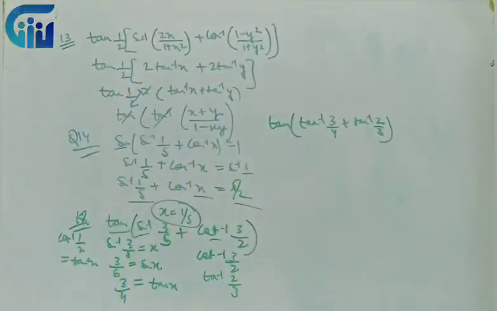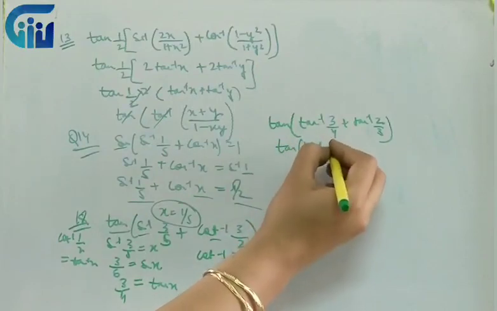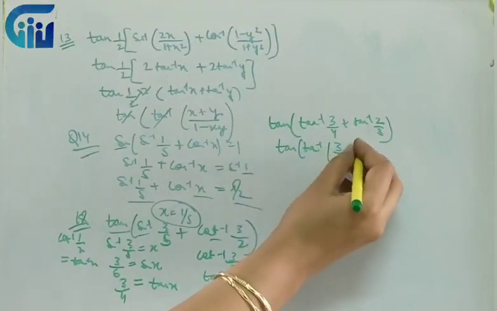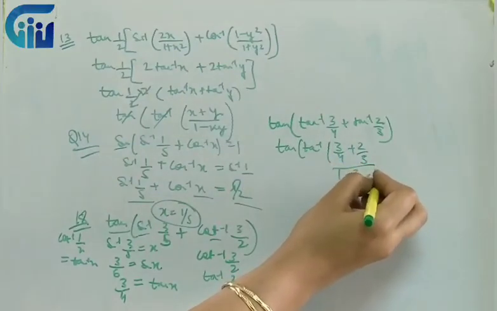Now let's quickly check first of all whether xy is less than 1 or not. If I multiply 3 by 4 into 2 by 3, I get 1 by 2, which is less than 1. So if I apply the formula again, what will I get? Tan inverse of 3 by 4 plus 2 by 3 upon 1 minus 3 by 4 into 2 by 3.